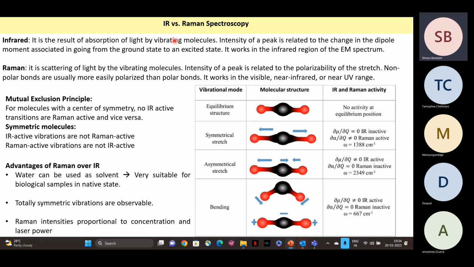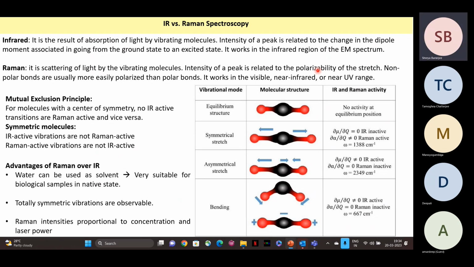So if you compare IR and Raman spectroscopy, there are certain differences. Firstly, IR is the result of absorption of light, but Raman is the result of scattering of light. In IR, the intensity of the peak is related to change in dipole moment. So if you have a compound with strong dipole moment, like a carbonyl compound, the IR intensity will be high.